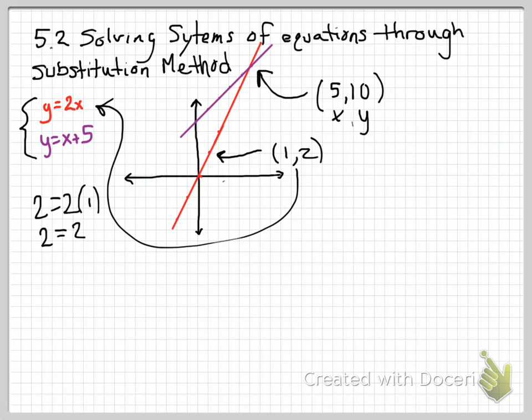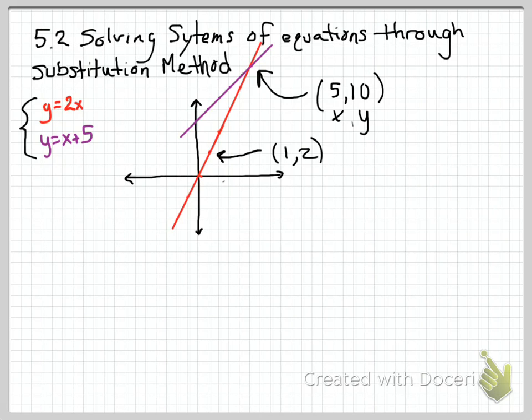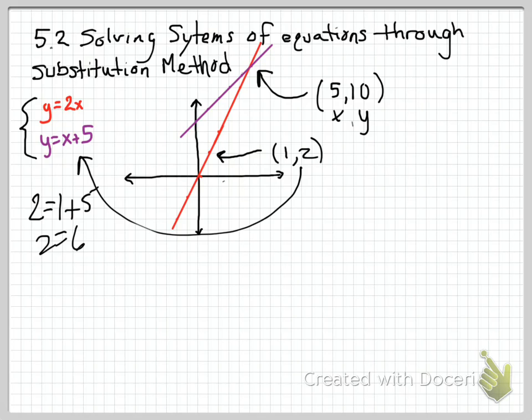But I can see that the point (1, 2) is true for the red equation. So I can turn around and try this in the purple equation, and it would be 2 equals 1 plus 5, and I get 2 equals 6. So you can see that the point (1, 2) would not work for the purple equation, which makes sense because the point (1, 2) is not on the purple line. So the only point that works for both equations is the solution.